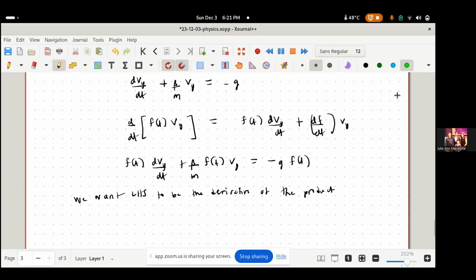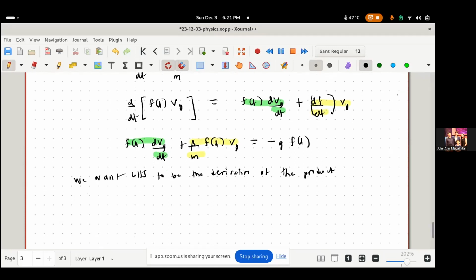Ito, yung left-hand side, okay na to, nagmamatch. Di ba? So, para maging derivative ng product, dapat ito maging equal dito. So, let's do that.